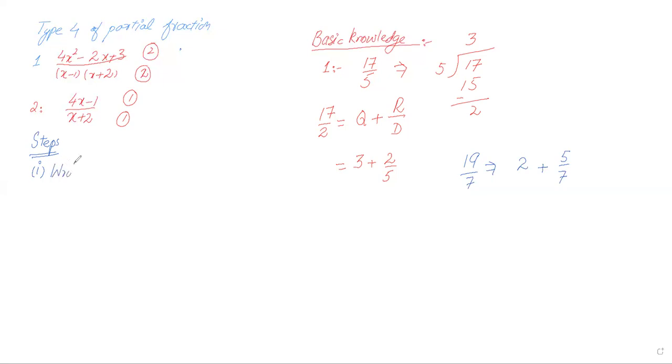Write the first required fraction as a constant and apply the type 1, 2, 3 method for fractions of other factors.